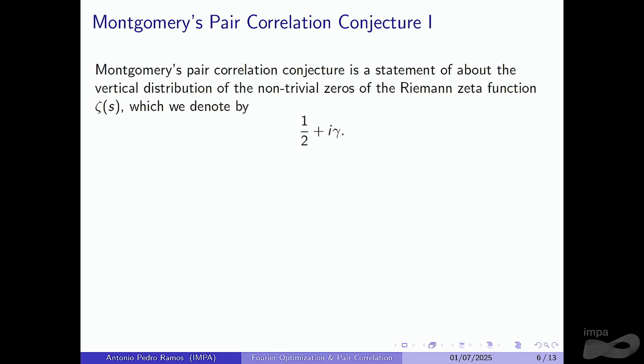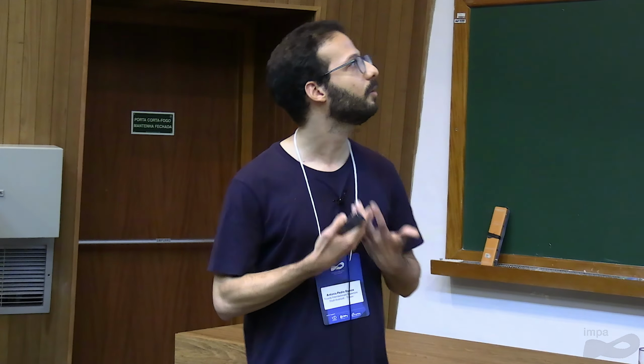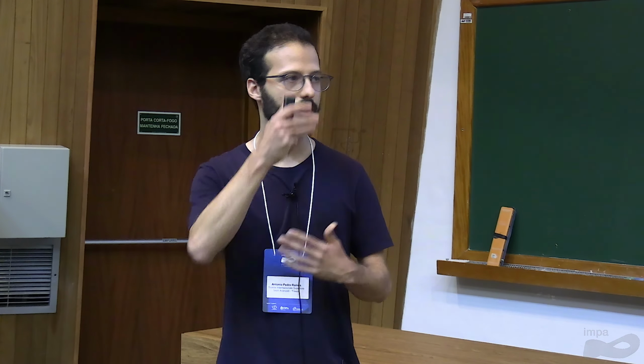One of the greatest advancements in the theory of the Riemann zeta function was due to Montgomery. After Riemann, people saw that many consequences to arithmetic would follow from the fact that the zeros of zeta are aligned along a single line.